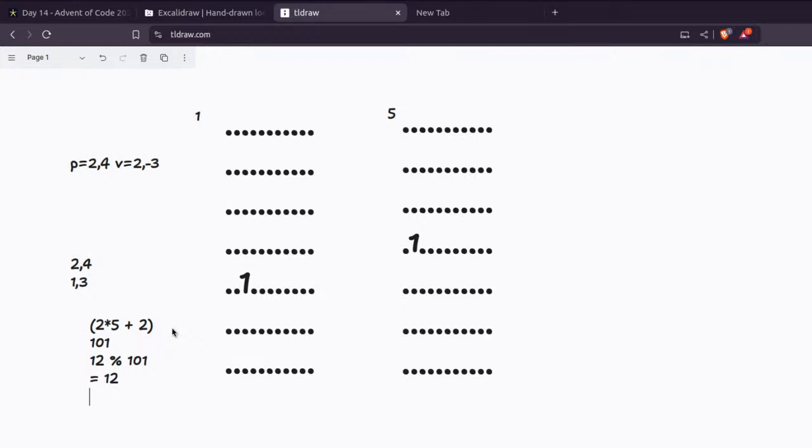So how do we do this? Actually, this was wrong, right? We need to multiply the velocity with the time and add the x component and mod it with the boundaries.